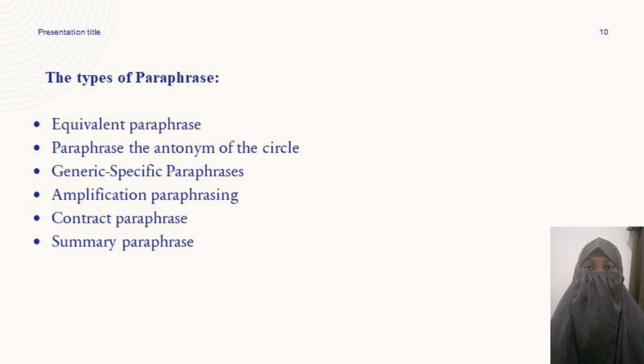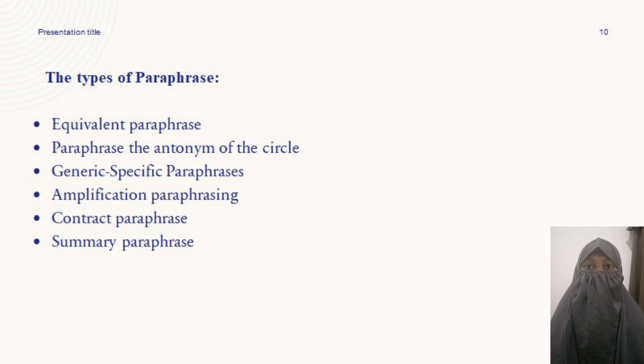3. Generic specific paraphrases. Generic specific paraphrasing is an activity to paraphrase lingual units by substituting equivalent words that still have the same synonyms. This can happen because a word that has meaning can be symbolized by more than one different symbol. 4.